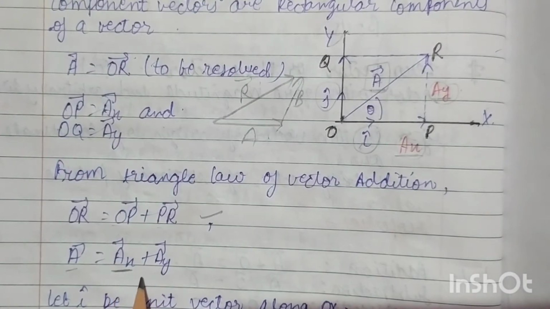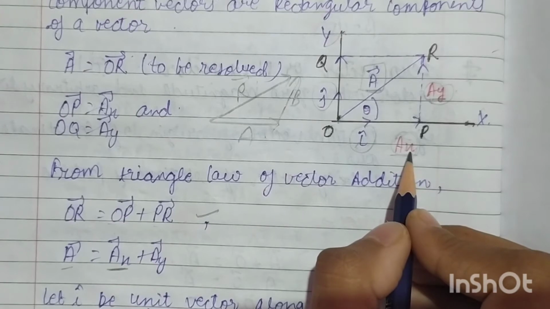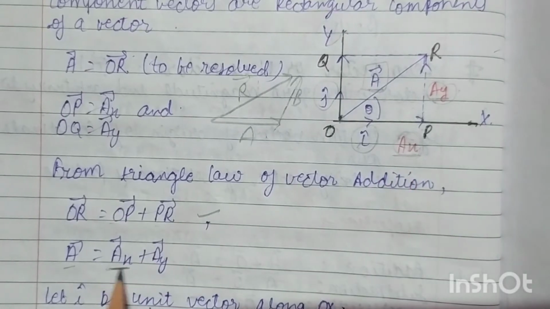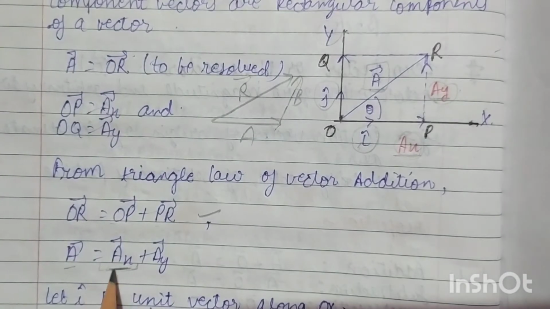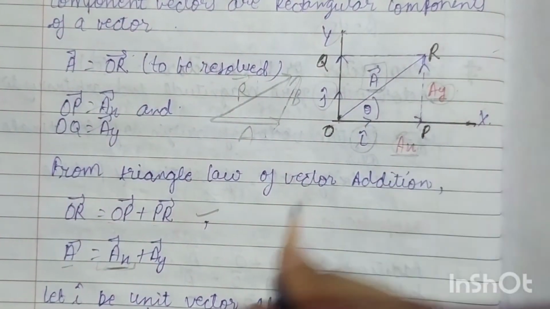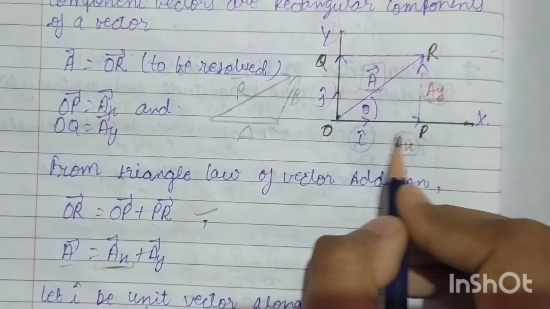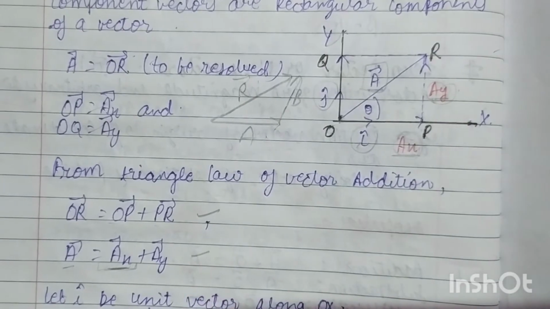This ax that we assumed was the magnitude, but now we are talking about a vector, that means magnitude plus direction. That is why we have written ax as a vector. The vector along the y-axis is ay. So this vector is the sum of vectors OP and PR. That is why it is written like this.